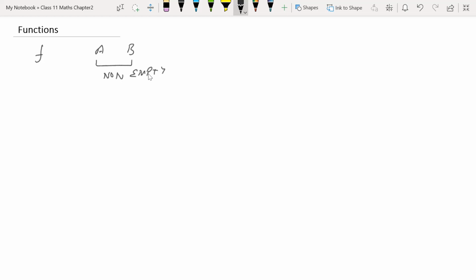Then the relation is said to be a function from set A to B if every element of A has one and only one image in B.